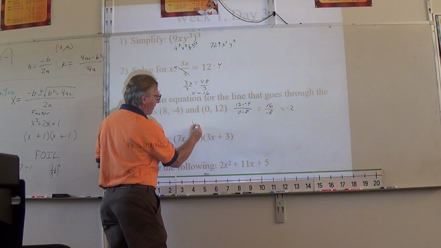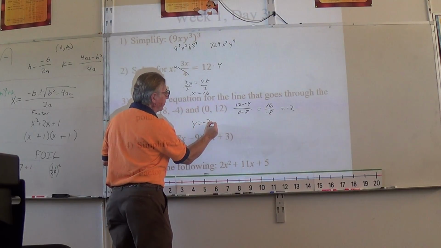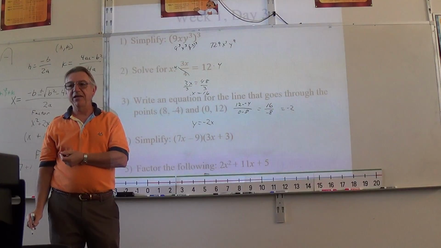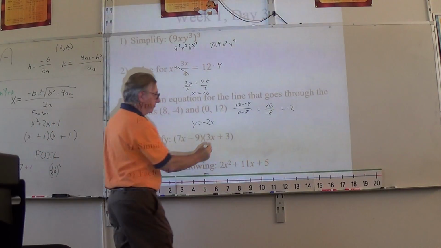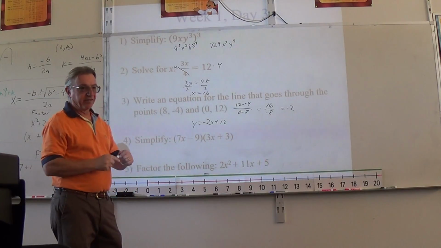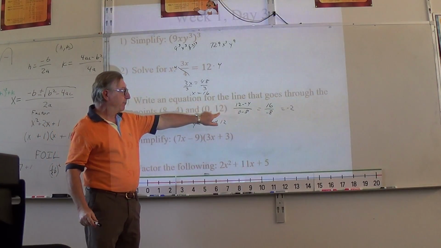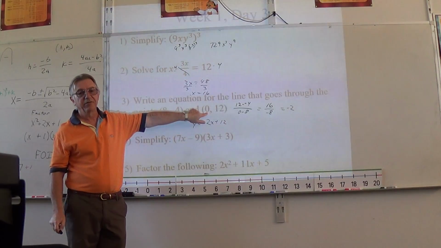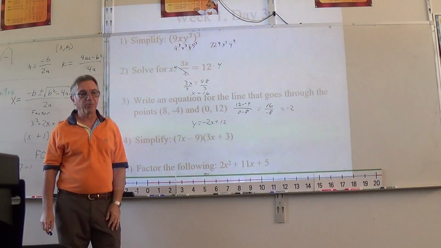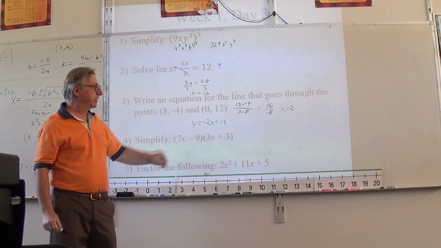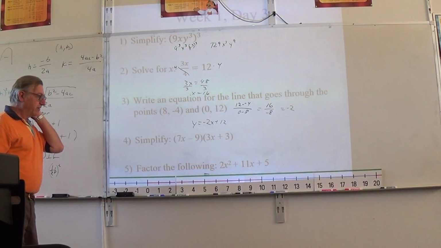So I'm going to have y equals negative 2x, and now what's my y-intercept going to be? Plus 12. And we know that it's easy to find the y-intercept if you've got a y paired with an x value of 0. If y is paired with 0, then that's your y-intercept. Okay, so y equals negative 2x plus 12.